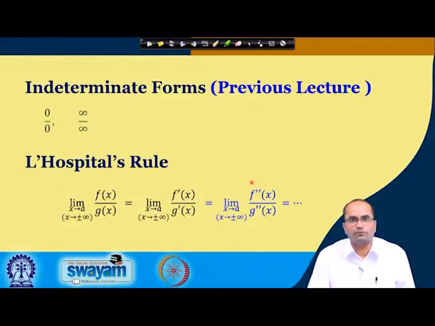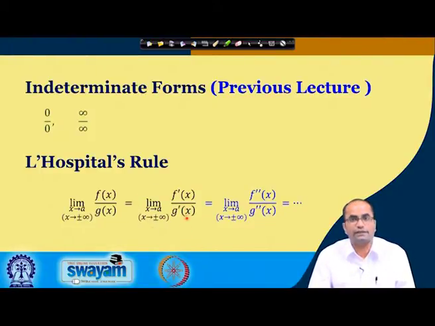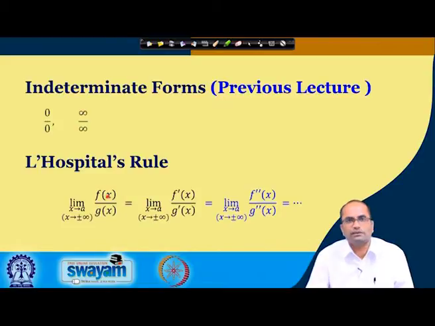The important point was that the limit of the ratio of the derivatives must exist; otherwise, if this limit does not exist, we cannot claim that the original limit of the ratio f x over g x does not exist.